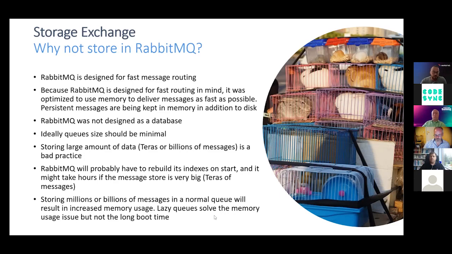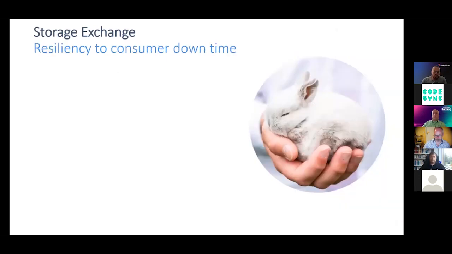Lazy queue is an option, and I know many now think, why don't you use lazy queues? But it doesn't give you all the abilities I just mentioned. For example, it doesn't give you the option to store the persistent data wherever you want, in an SQL database for example, or control over the data. In addition, it doesn't solve the issue with the boot time. So lazy queues are an option, but not in our case.